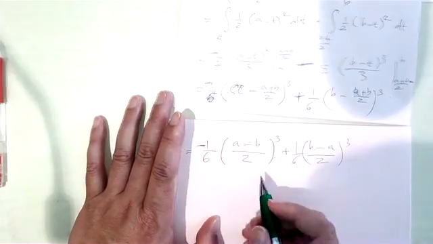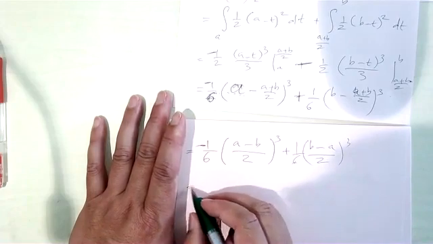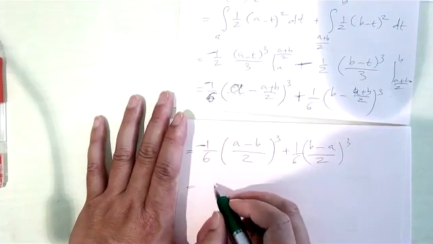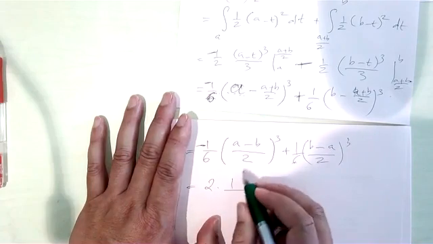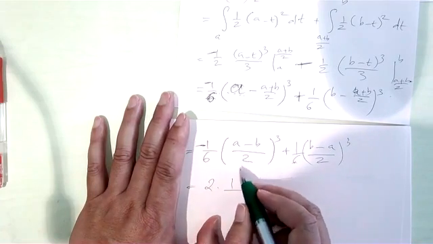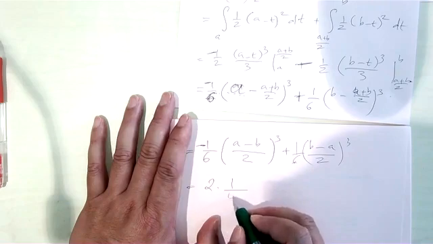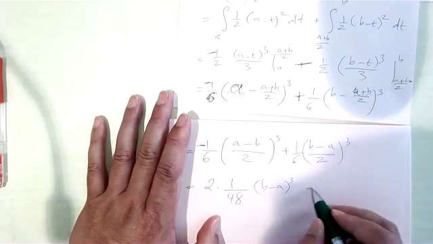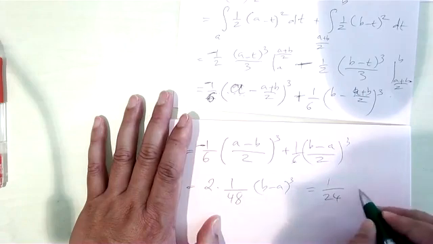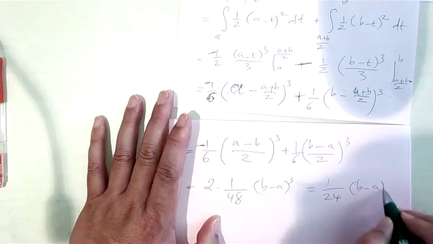Then essentially you will have twice of that, which gives 48, then (b minus a) cubed, which is 1 over 24 (b minus a) cubed.